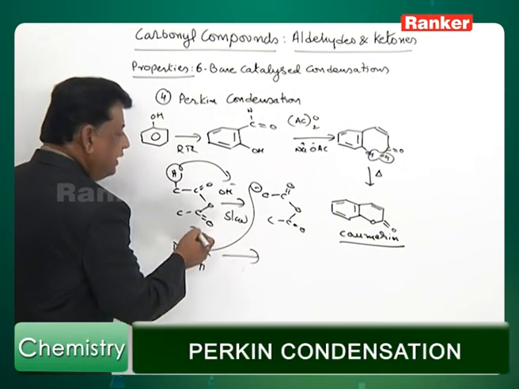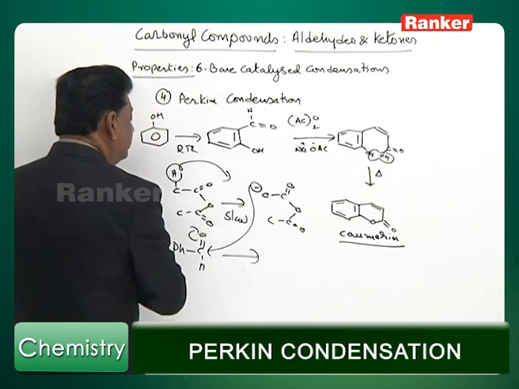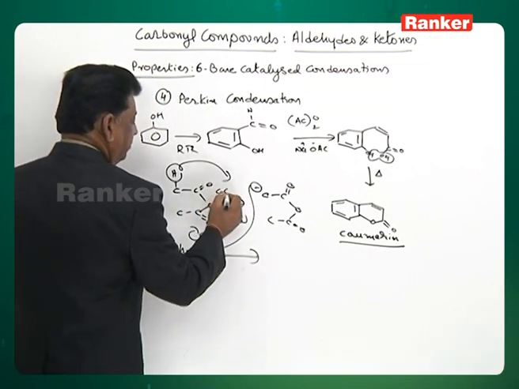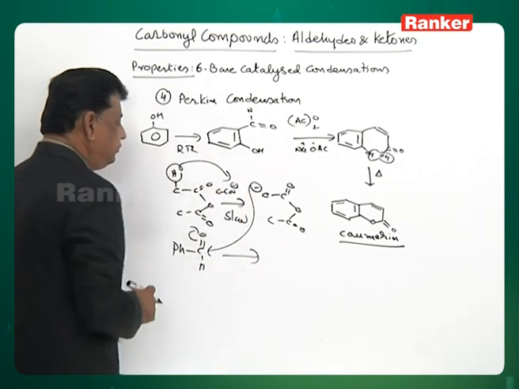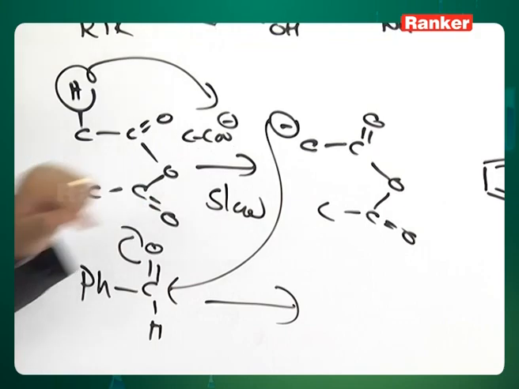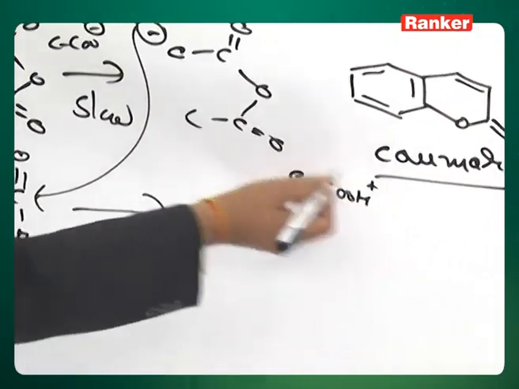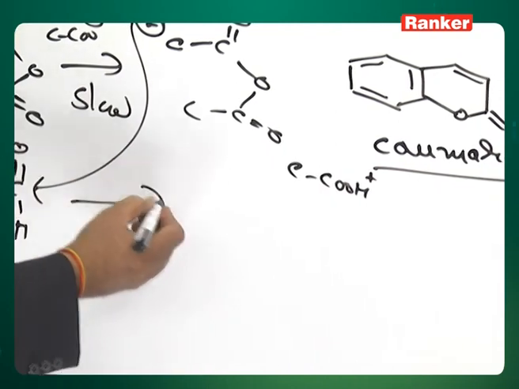Okay. Then O minus will take back the proton. So, instead of OH, the base used is the acetate anion, right. So, COO minus, the acetate anion, will take the proton and become acetic acid. Acetic acid will give back the proton. That proton is given back here. After adding, what you will get?